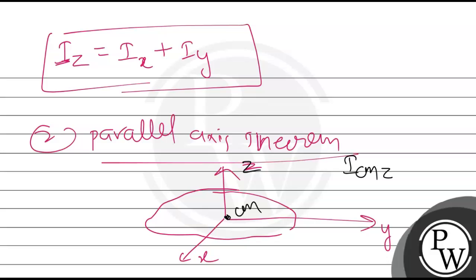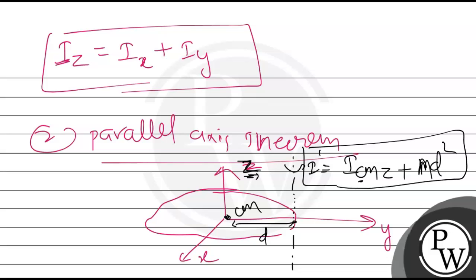We need to find the moment of inertia about this axis, which is parallel to the z-axis, and the distance between these two axes is d. So the moment of inertia about this new axis, that is I dash, can be written as the moment of inertia along the z-axis plus m into d square.